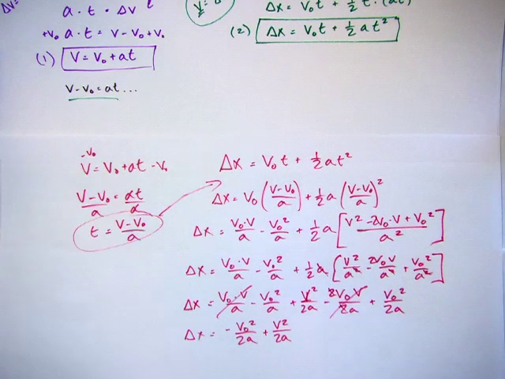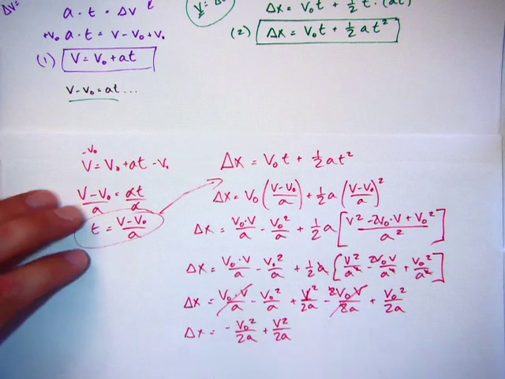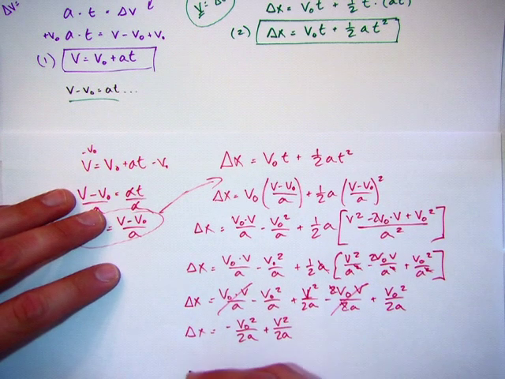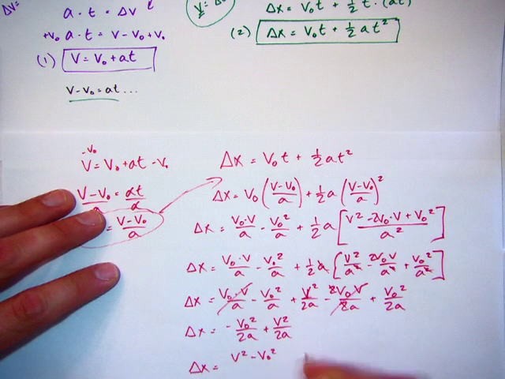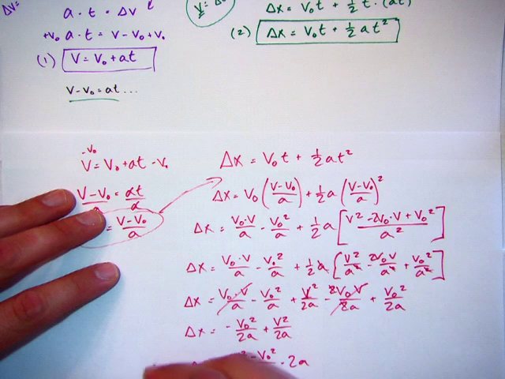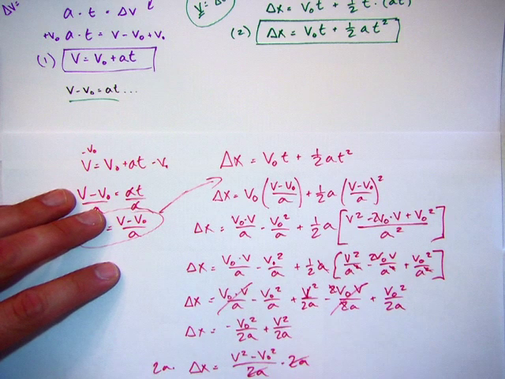I'm starting to get somewhere now. So let's flip these and combine. Delta x equals v squared minus v naught squared over 2a, multiplied by 2a. Getting somewhere. V squared minus v naught squared equals 2a delta x.